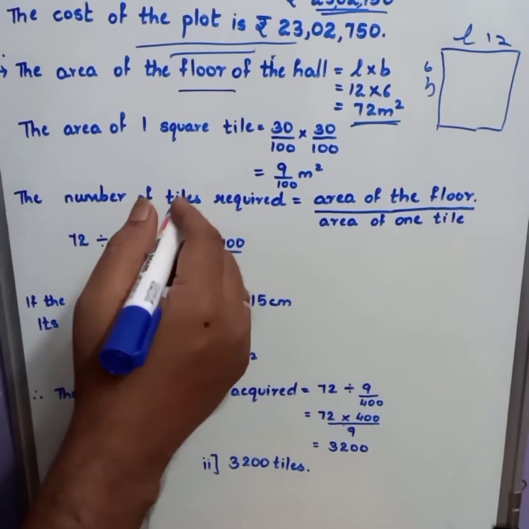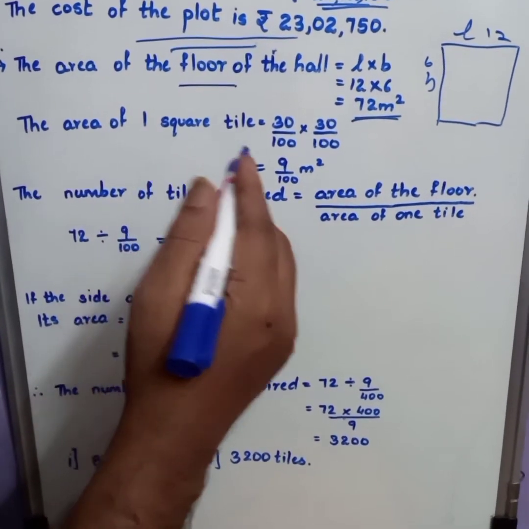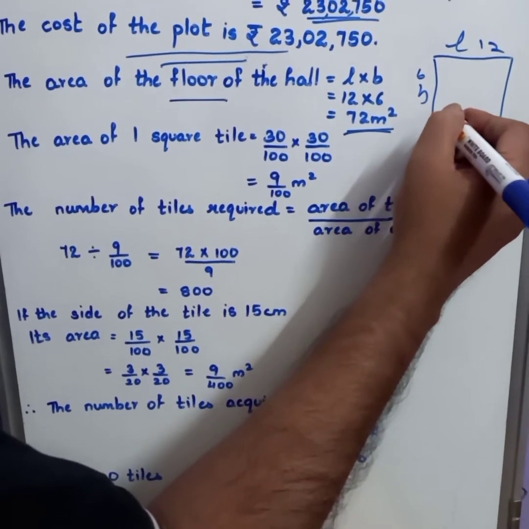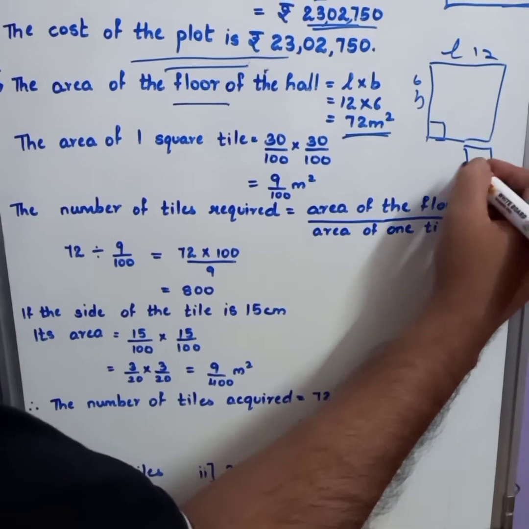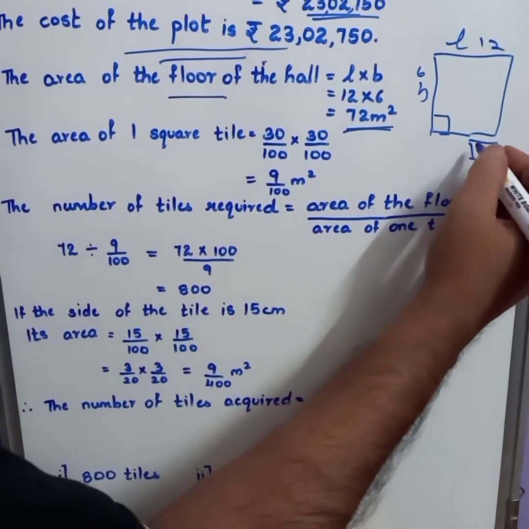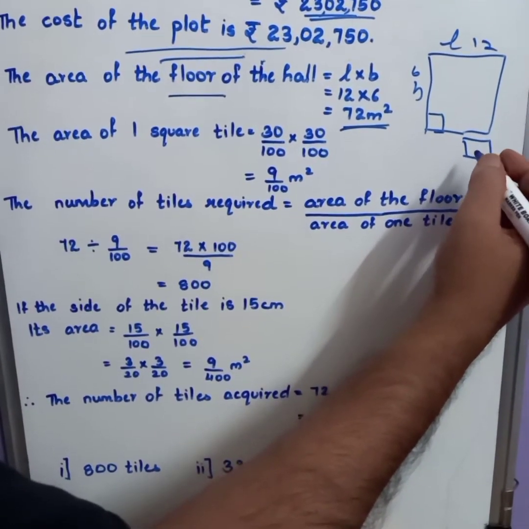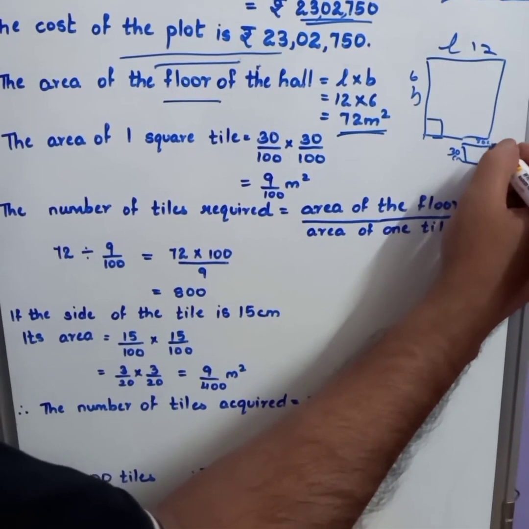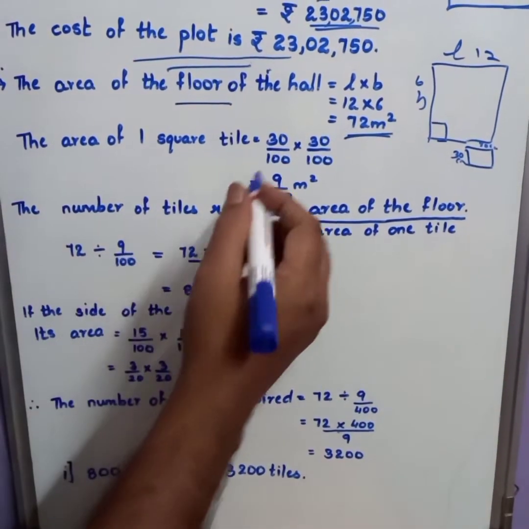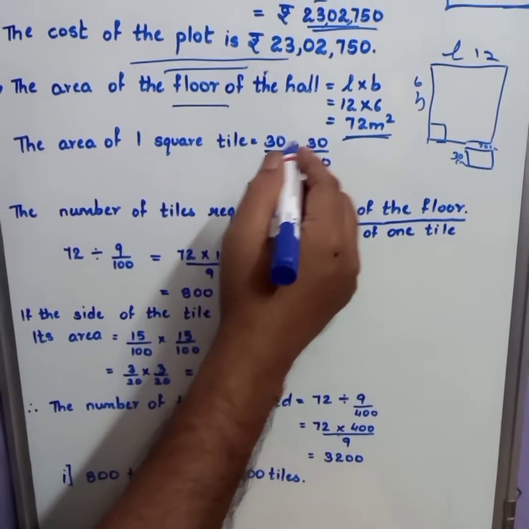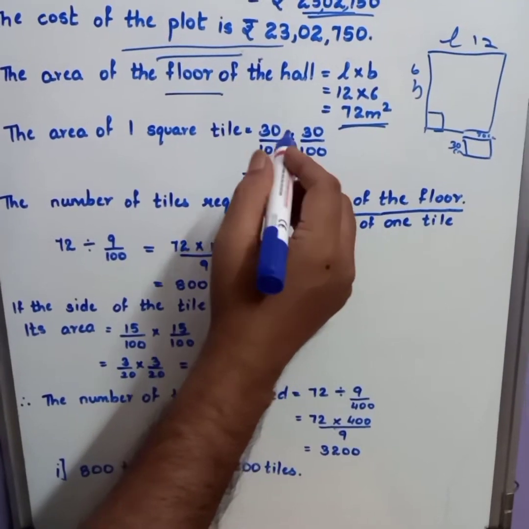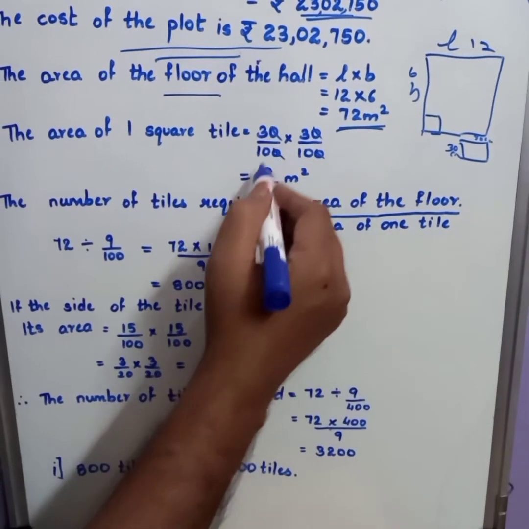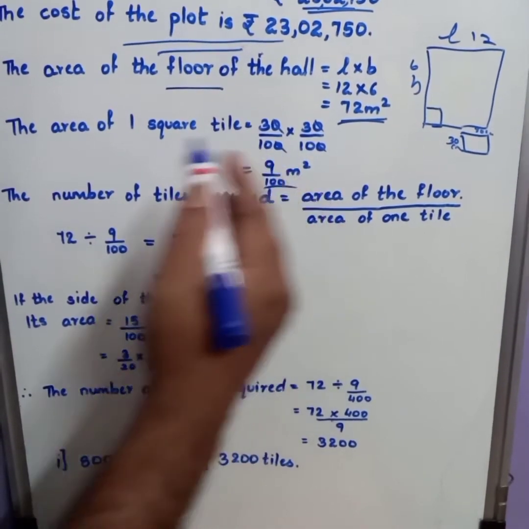Now they are asking how many tiles it will require if the tile is a square of side 30 centimeters. So we are sure it is a square tile, 30 centimeters and 30 centimeters. So we are first going to convert. So it is 30 upon 100 into 30 upon 100. If we work it out, it is 3 into 3, 9 upon 100 meters square.